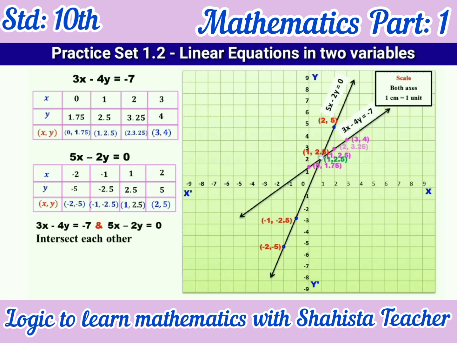So the lines intersect each other at point 1 comma 2.5. The solution is x comma y is equal to 1 comma 2.5, the solution of the given equations. So simple and easy to solve.